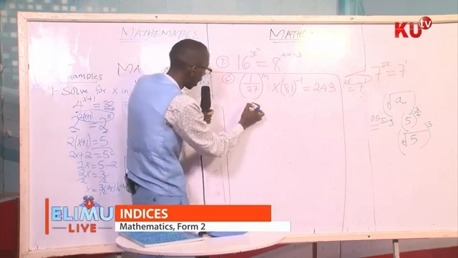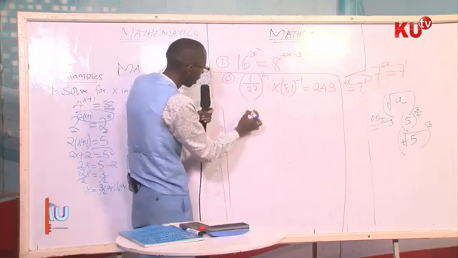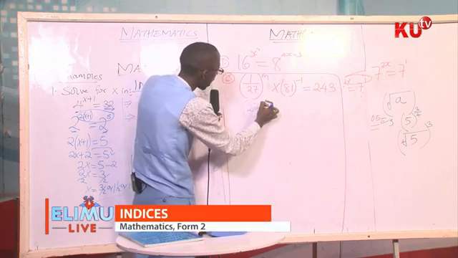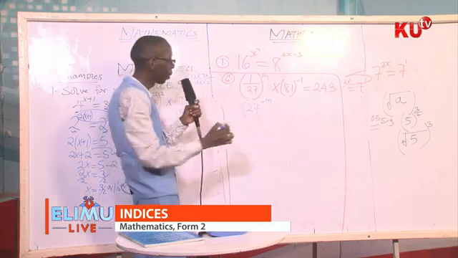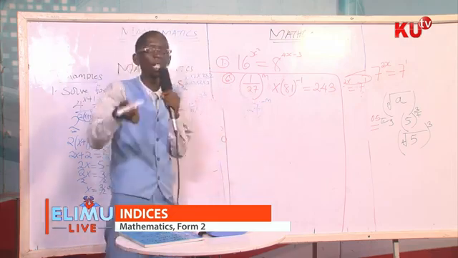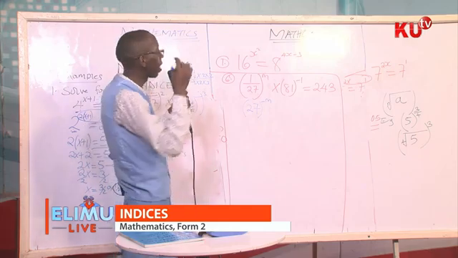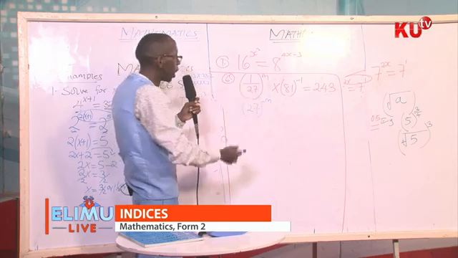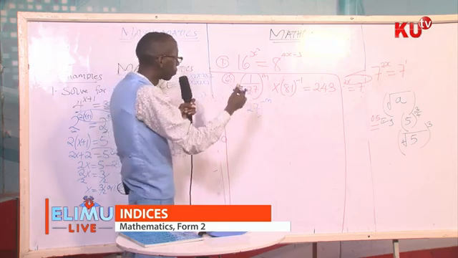So we'll say 1 over 27 is the same as 27 to power negative m. Very simple. When we reciprocate, we change the sign of the power. If the power was positive m, it will be negative m.